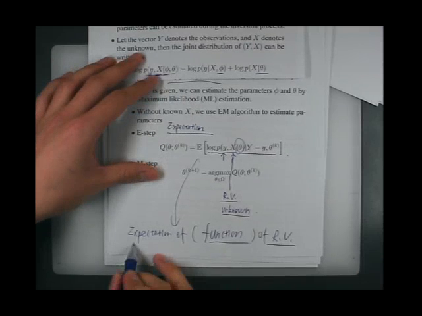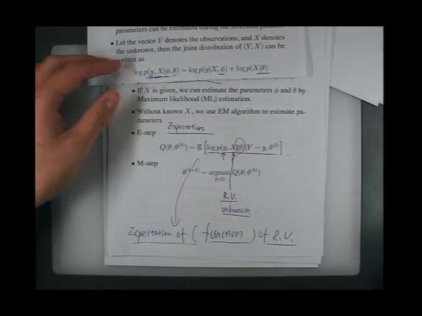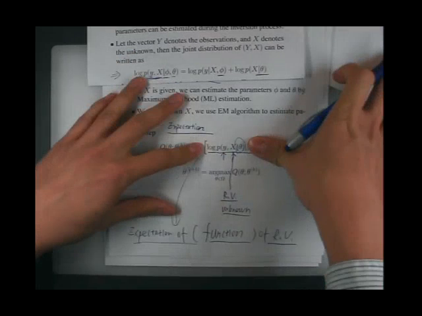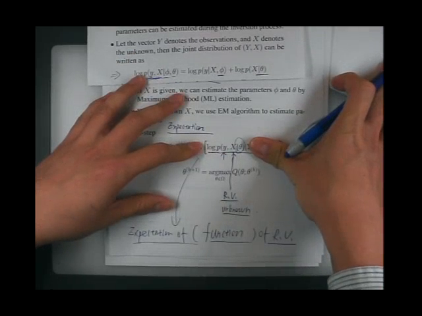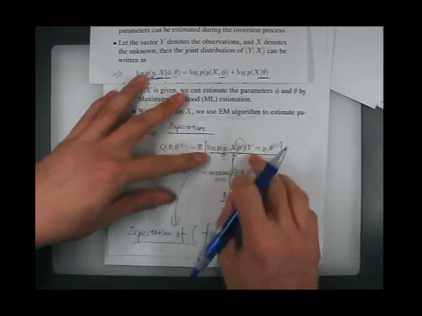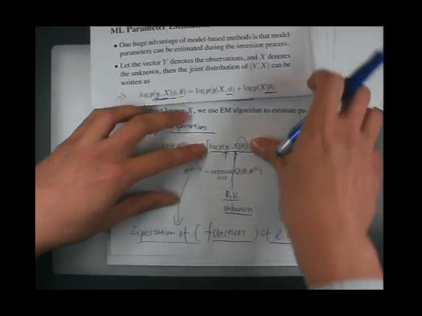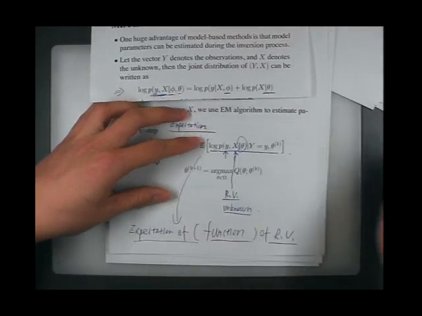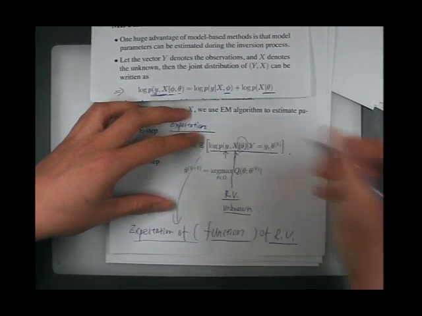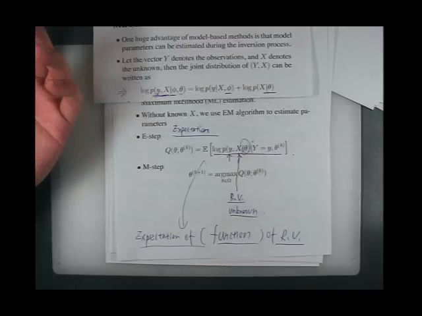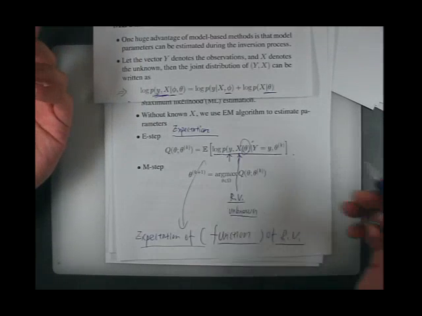So it's expectation of a function of random variable. Here is the function of the random variable X. We want to calculate the expectation of this. So we just put the probability distribution of x here and calculate the integral. It's very simple.